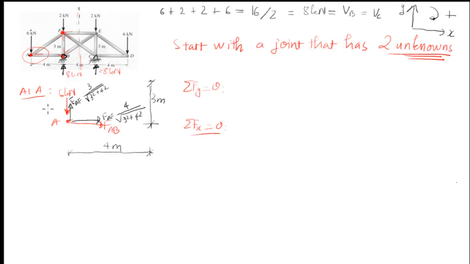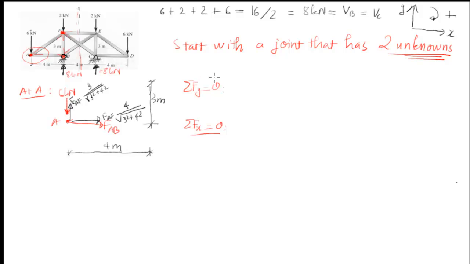So sigma Fx or sigma Fy first? If you take sigma Fx, you have 2 unknowns, FAB and FAF, so it's impossible to find using sigma Fx. If you take sigma Fy first, you have 6 kilonewton, this one already known, and one unknown we can solve. So take sigma Fy first.